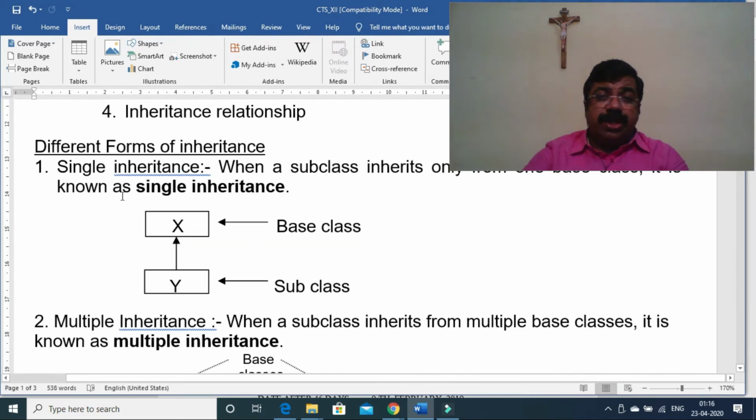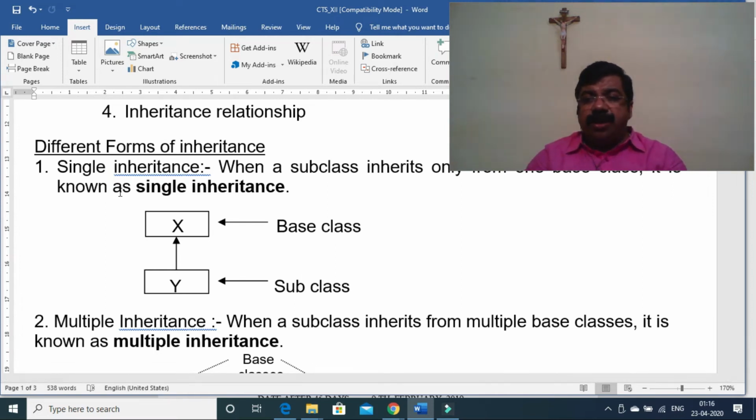Here you can see the diagram, X as well as Y. X stands for your father and Y, you. X, your father or your parent, is the base class, and Y, you, are the child or the subclass. I told you one more name for the base class is superclass.